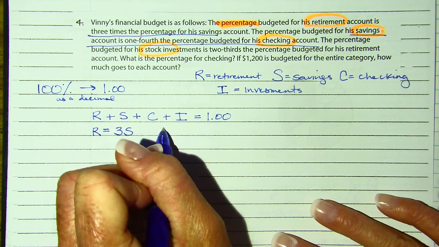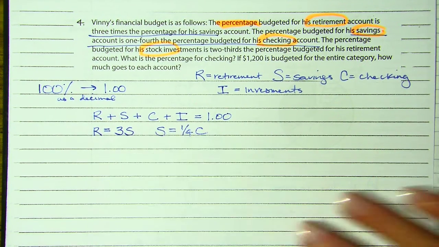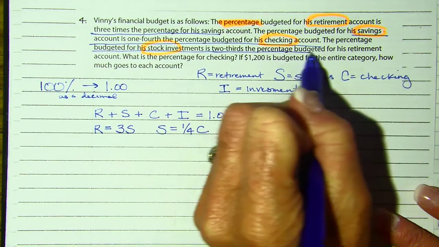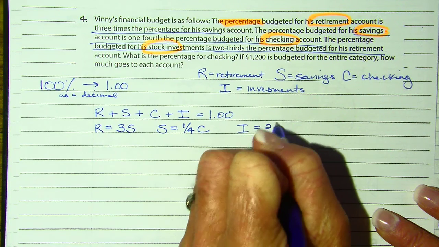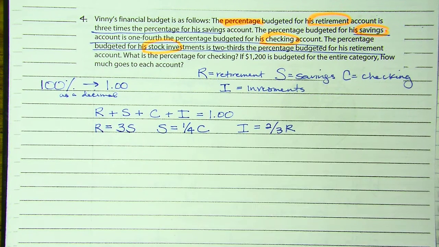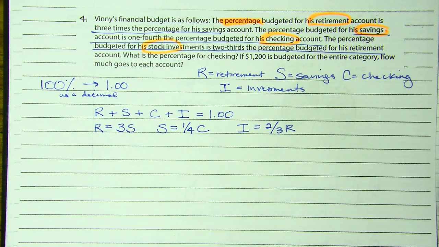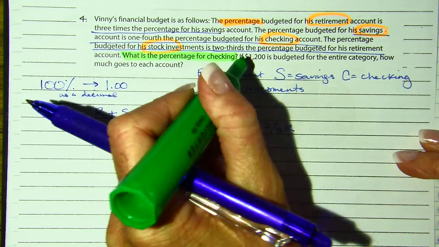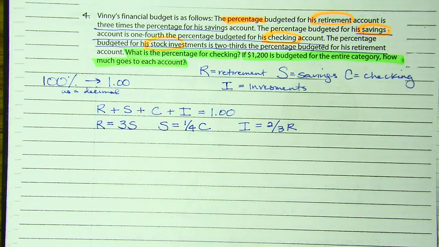So I now know that savings equals 1/4 times checking. The percentage budgeted for his stock investment is 2/3 of his retirement. So investments equals 2/3 of his retirement. Okay, and they would like to know what is the percentage for checking. So that's one thing I'm looking for. And if $1,200 is budgeted for the entire category, how much is in each account?